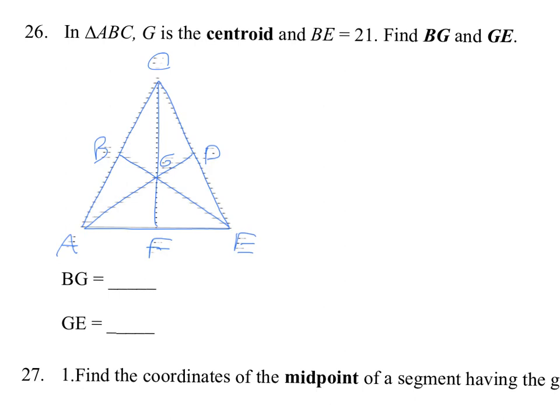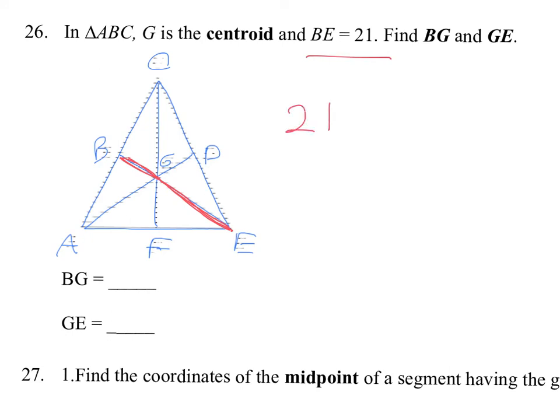We can see BE is right here. We need to find the length of GE and BG, both of those segments. Now remember, the longer segment is twice as long as the shorter segment. But the shorter segment basically is 1/3 of the entire segment. So in order to do this, the whole length is 21.